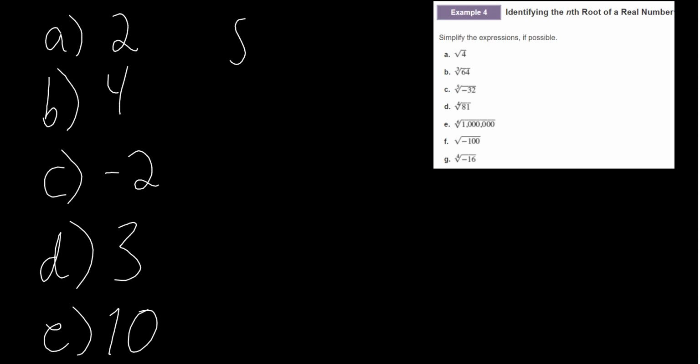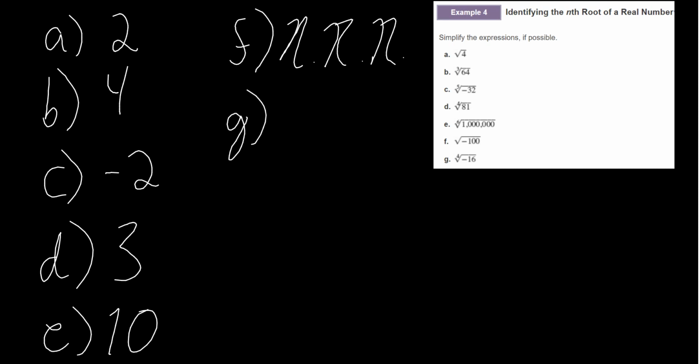F is a square root of a negative number, so now we will indeed say no real number. Same thing for G, because we have an index of 4, which is an even number, and my radicand, the number inside, is a negative number. So we again say no real number.